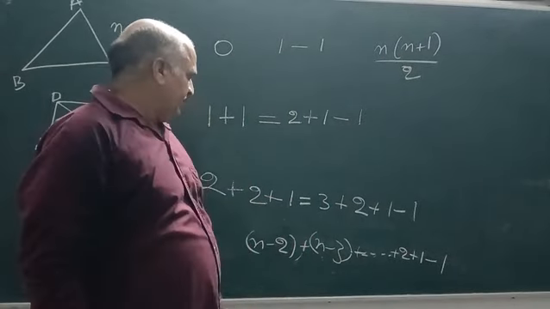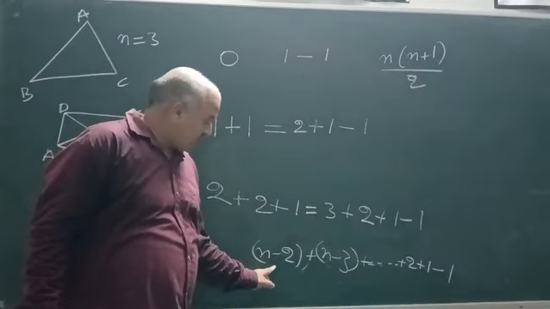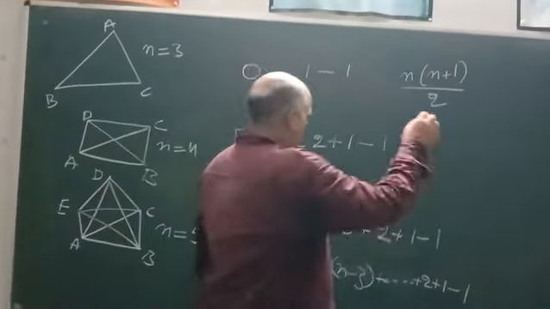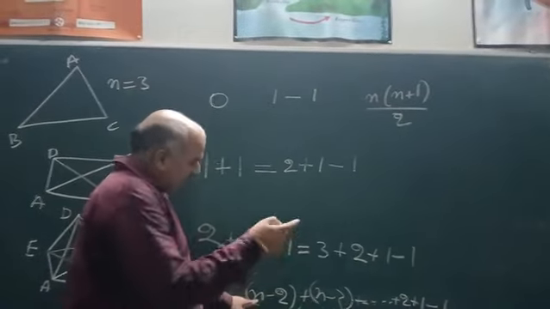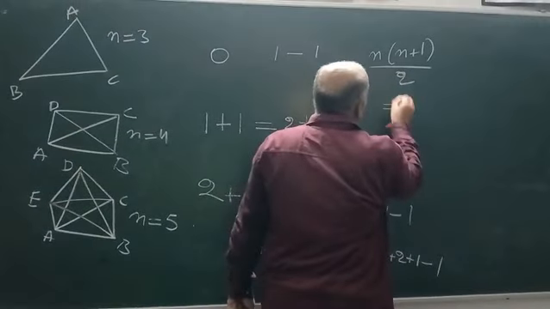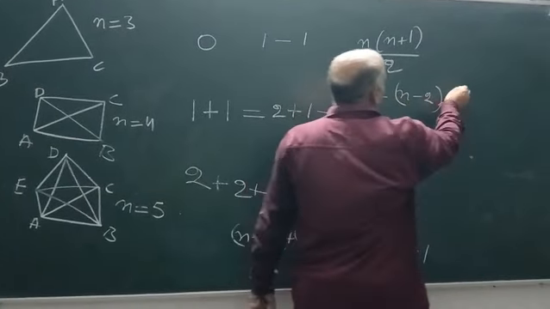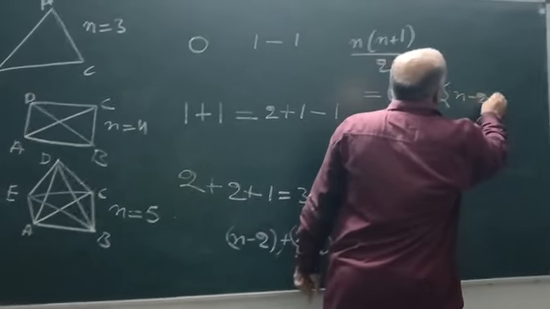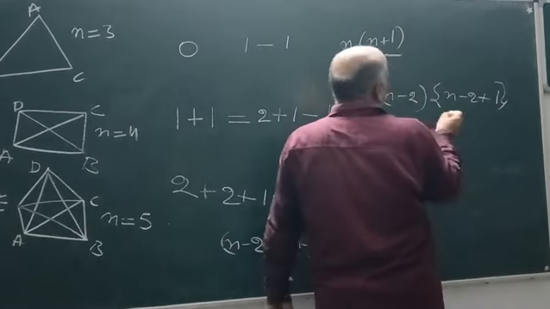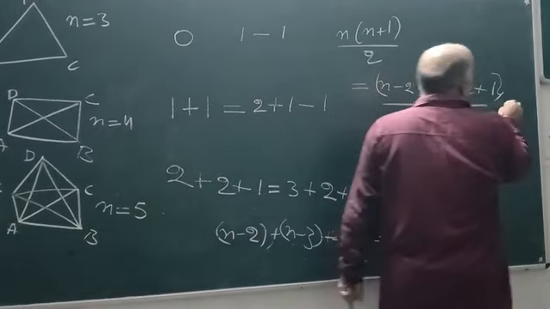The largest natural number in this series is n minus 2, so let us replace n by n minus 2 in this formula. The formula will become n minus 2 whole into n minus 2 plus 1, upon 2. But you have minus 1 here, so put minus 1 here.